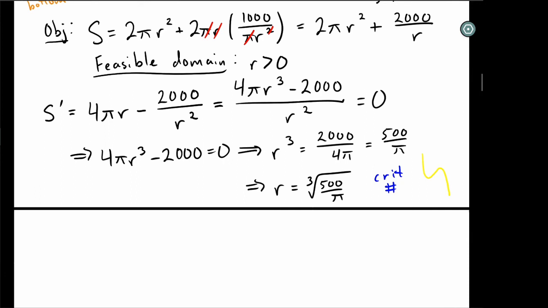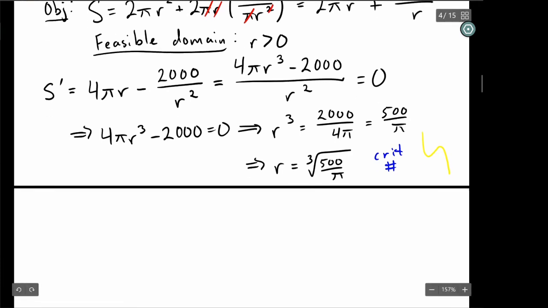If we compute s prime of 1 and plug that in, we're going to get a negative number.